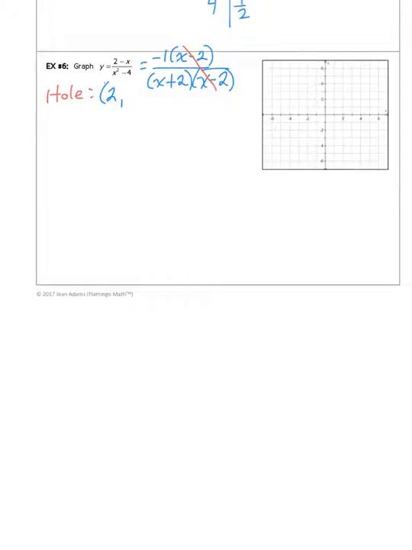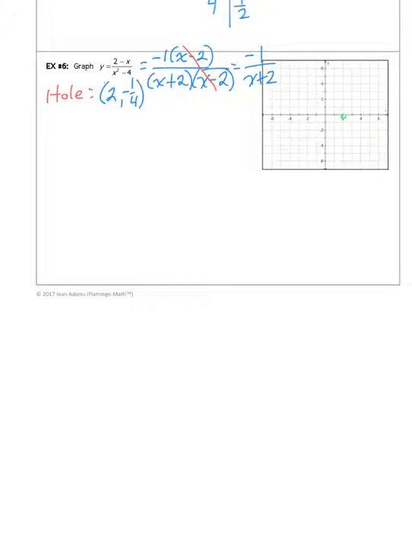Then my resulting equation is negative 1 over x plus 2. To find the y value of this hole, I put the 2 in here. 2 plus 2 is 4, so I get negative 1 over 4. So I'm immediately drawing a hole at 2, negative 1/4, really close to the x-axis there.